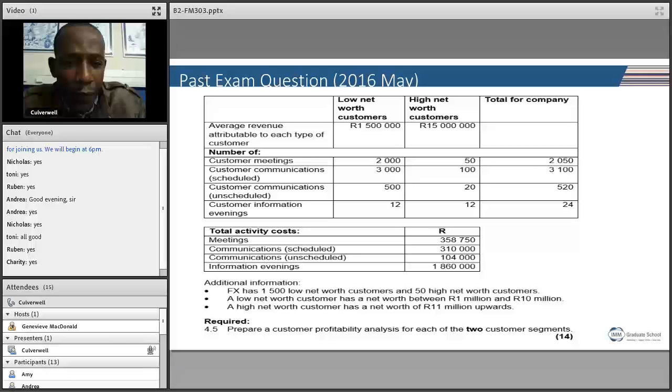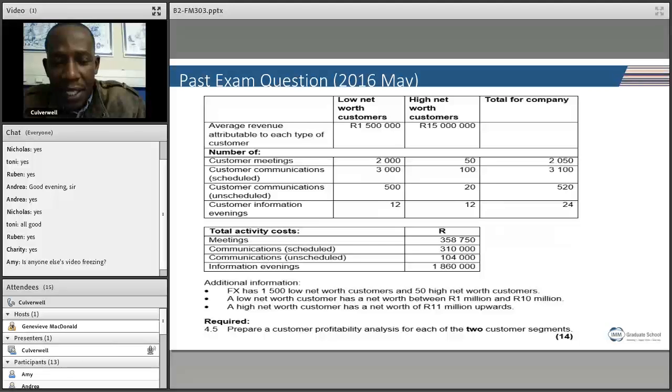The first line item is the average revenue attributable to each type of customer. In short, we are generating a revenue of 1.5 million from low net worth customers and 15 million from high net worth customers. These are revenues already in rand terms.